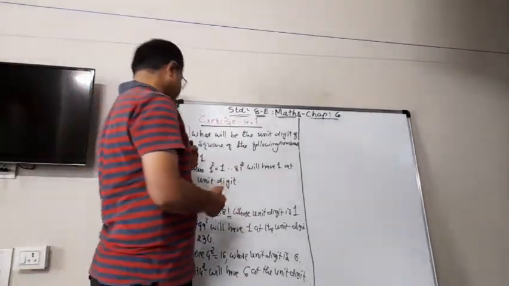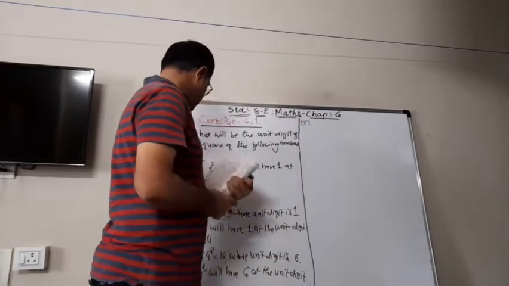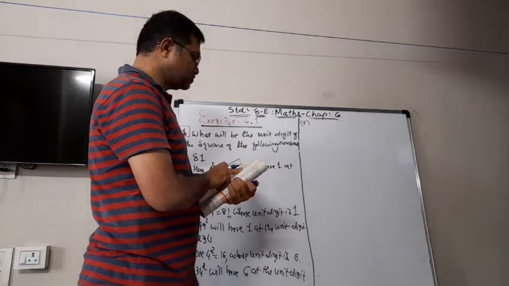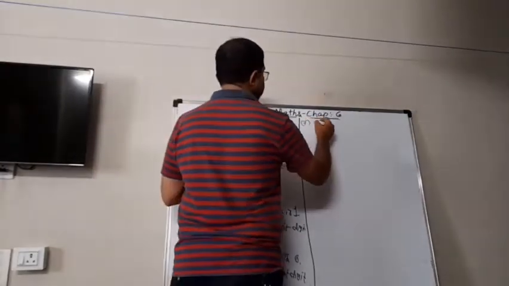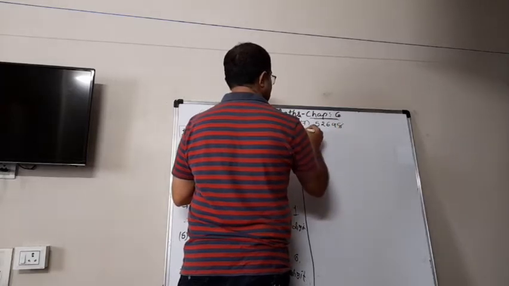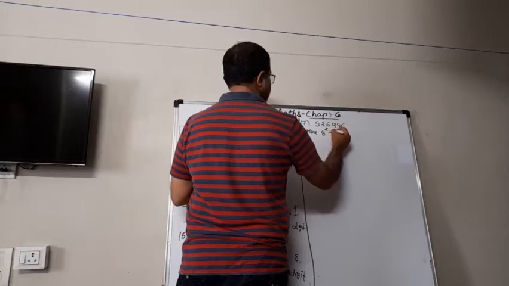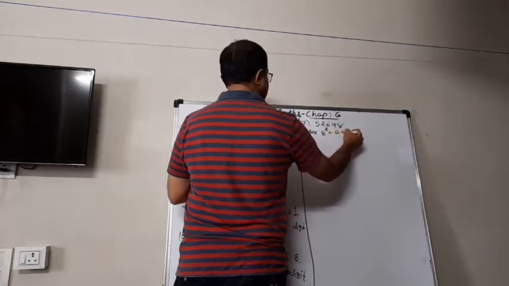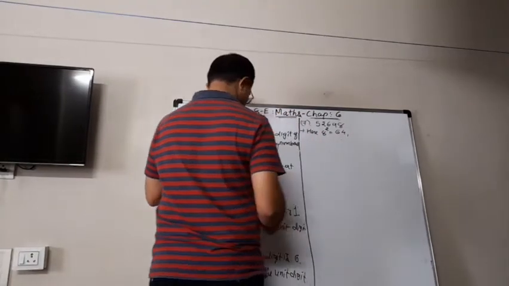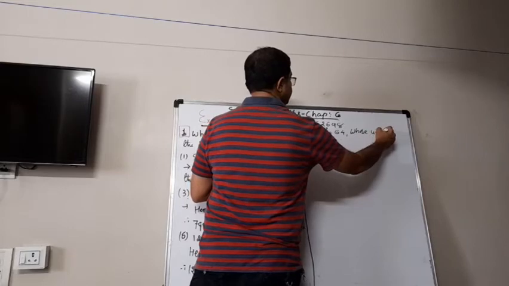Then we can take number 7. In the 7th, it is 52,698. So here, the last digit is 8. 8 square is 64, whose unit digit is 4.